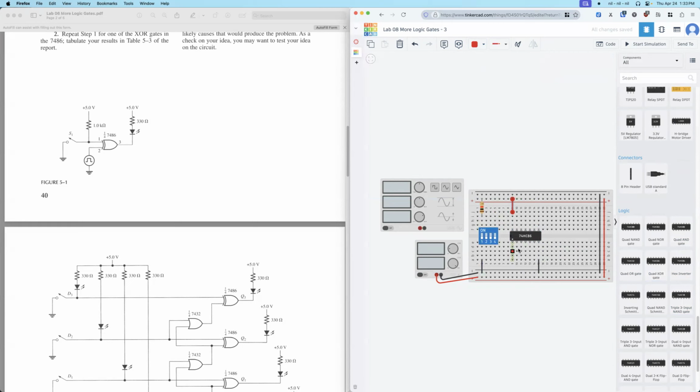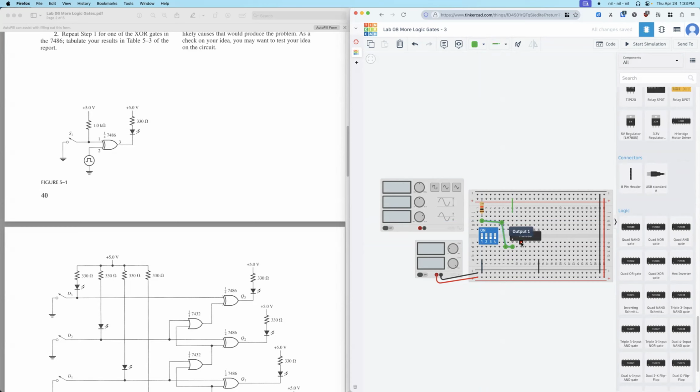Then, so input. So input 1 connects to the switch and the resistor. So actually from here, the point between the resistor and the switch. So this is pin 1.